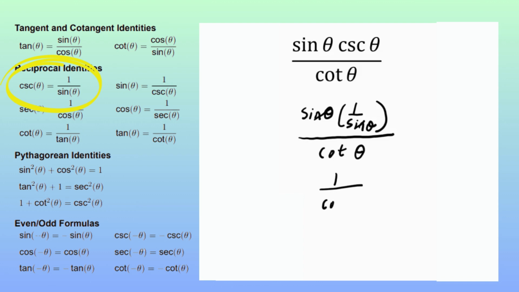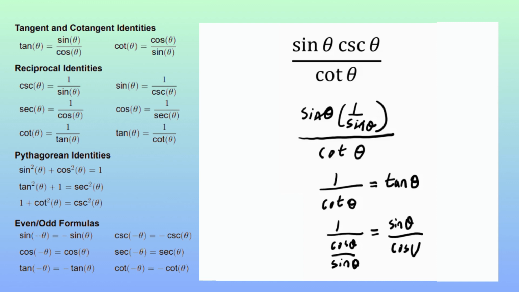So we have 1 over the cotangent of theta, which is the reciprocal, is the tangent of theta, reciprocal identity for the tangent. You could have also recognized, if you missed this, that cotangent is cosine theta divided by sine theta, and if you multiply by the reciprocal, you get sine theta over cosine theta, which is also the tangent.